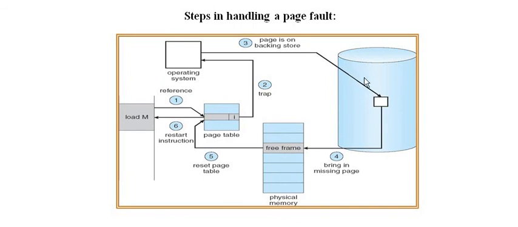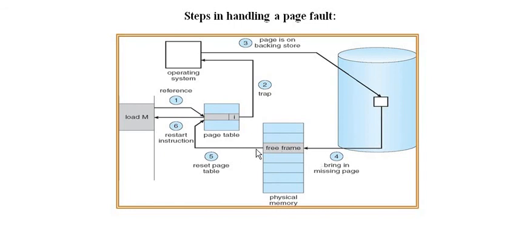The third step is it picks from the secondary storage the particular page requested by the CPU. In the fourth step, the page which is in secondary memory is placed in a free frame in the physical memory. That is, the missing page is brought in.